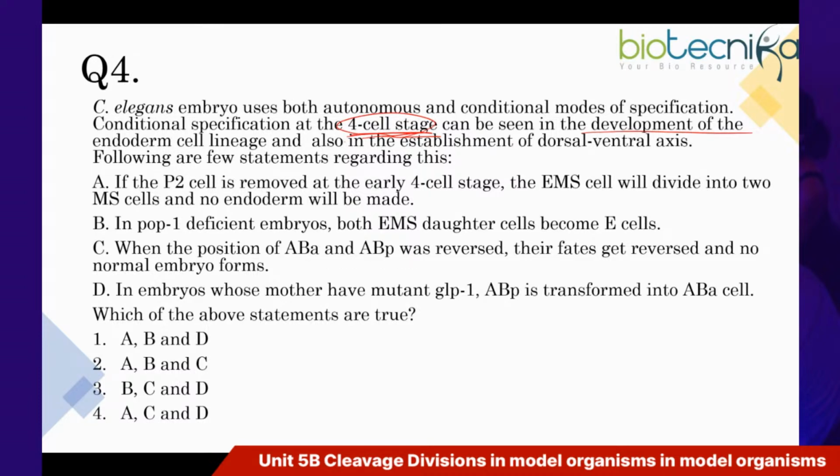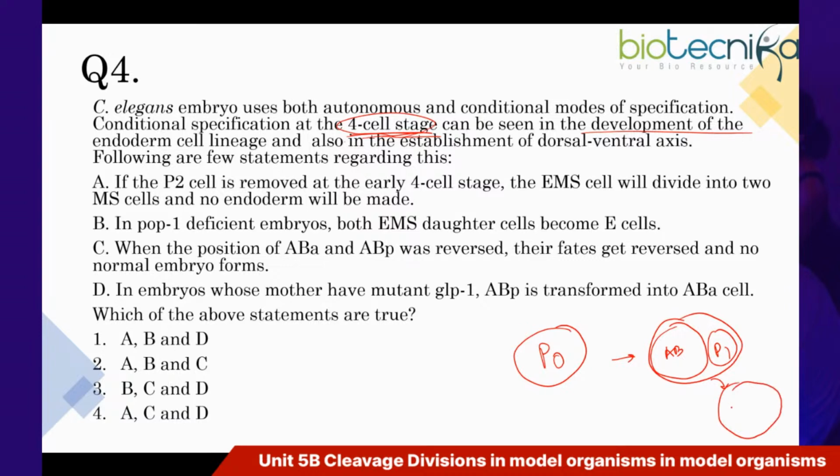So I hope you remember we have a C. elegans embryo, we have the P0 cell, which then further divides asymmetrically to produce a bigger AB cell, and then we have a P1 cell, right? Then the AB cell further divides equatorially and it produces two AB daughter cells, right? And then you have the P1 cell which forms P2 cell and EMS cell, right?